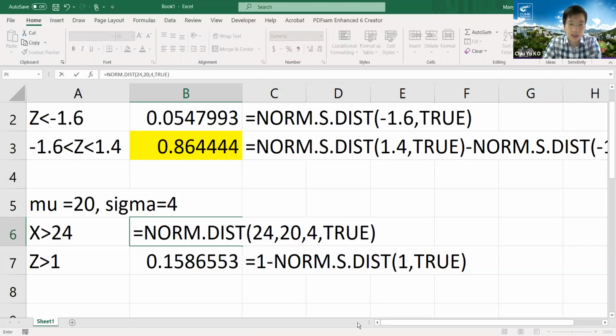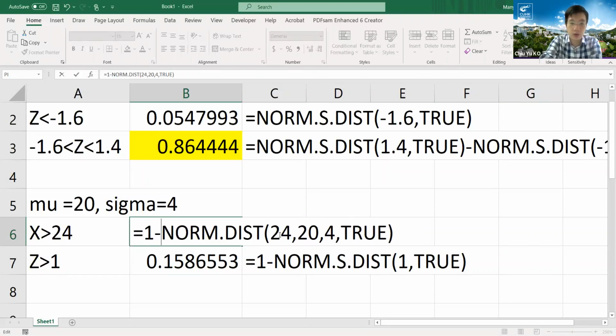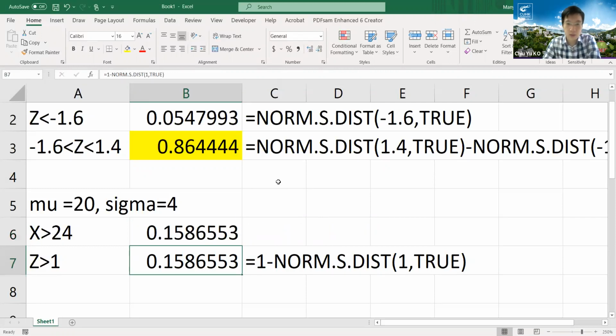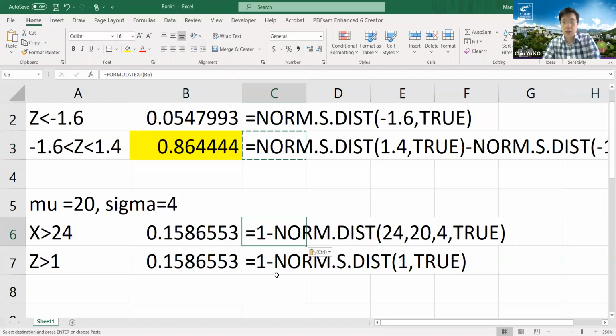Again, you take 1 minus because you are calculating more than. So you can see this is the same. Of course, in the background, the software calculates 24 minus 20 divided by 4. That is what is inside the software. Is that okay for this one?